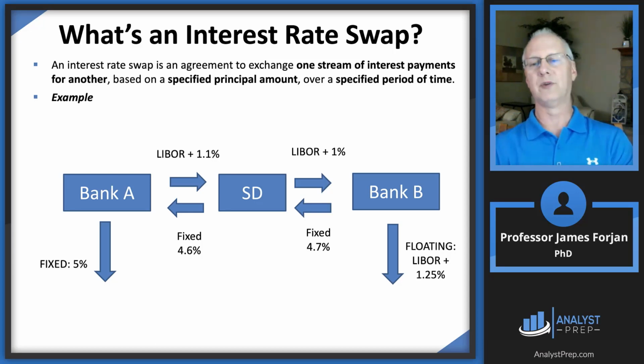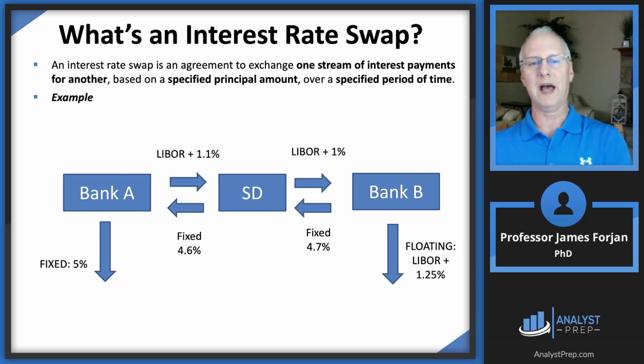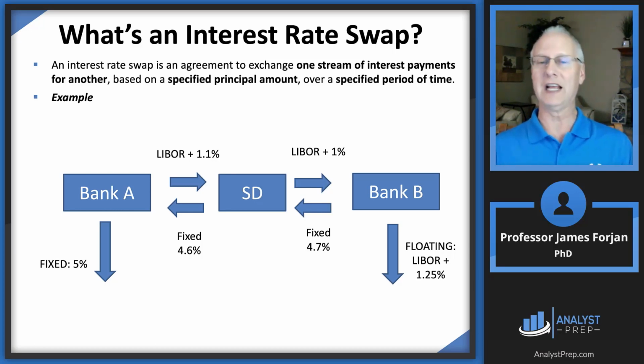Bank B is going to receive LIBOR plus 1 and then have to pay LIBOR plus 1.5. So both Bank A and Bank B are not getting enough, right? Not getting enough from the swap dealer to meet its fixed and its floating payments. But once again, it can adjust the notional principal to try to make those two equal. And in return, Bank B is going to pay a fixed rate to the swap dealer.